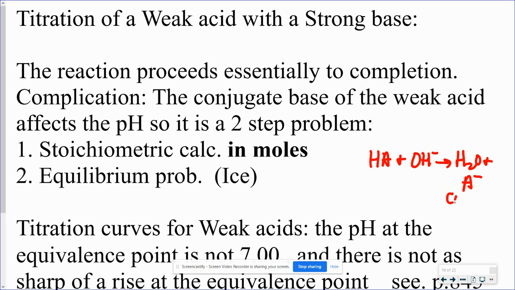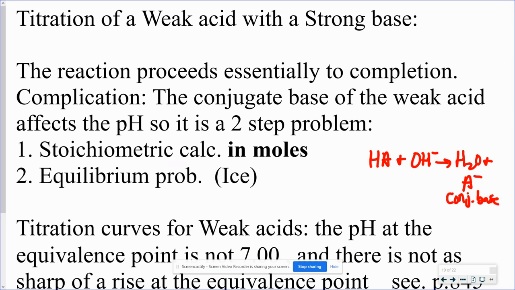So it's this conjugate base that is affecting the pH. When you've added exactly as much OH minus as weak acid, you won't just have neutral salt water. You'll have some conjugate base in there that will affect the pH.